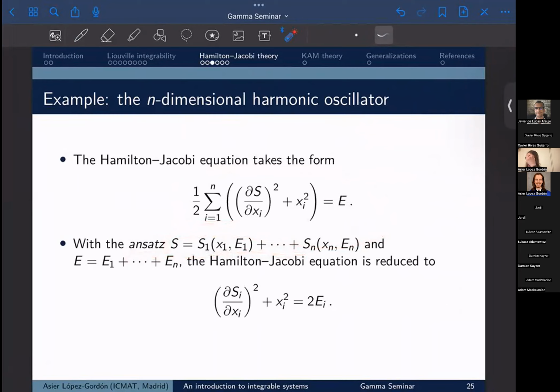That is, it can be written as a sum of functions that depend only on x_1 and one parameter e_1, till x_n and e_n, where these are such that they add up to the total energy E. Then we can reduce this Hamilton-Jacobi equation to a set of equations like this.